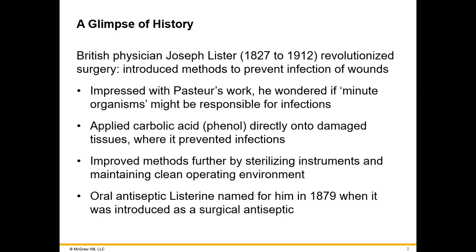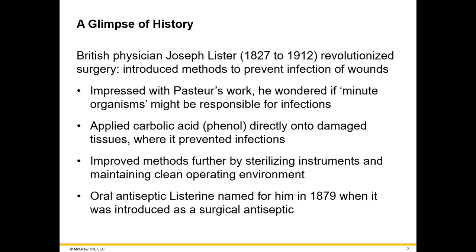So in the late 19th century, Joseph Lister was a physician, a surgeon, and he struggled with patients undergoing surgery and contracting internal infections. At the time, of course, the availability of antibiotics was very, very limited. So that created a large problem for physicians at the time.